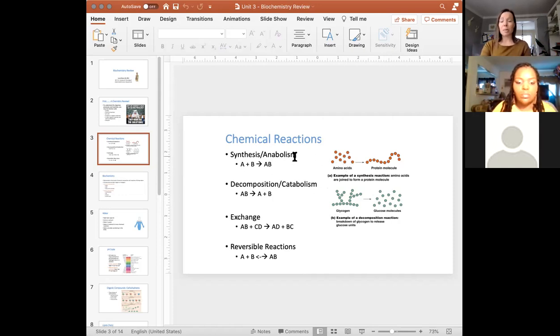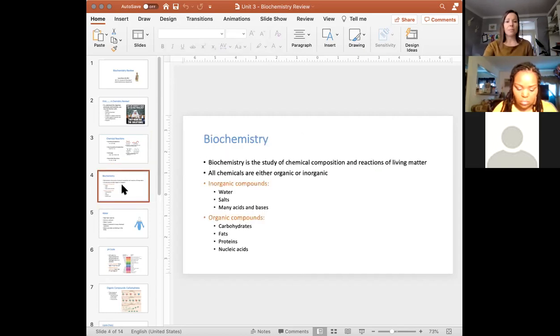It's also called anabolism. So those are opposites of one another. And those are the two main types of chemical reactions that you'll see. But like I said, with the digestive system, we're mainly seeing these catabolic reactions where you're breaking bigger nutrients down into their building blocks.